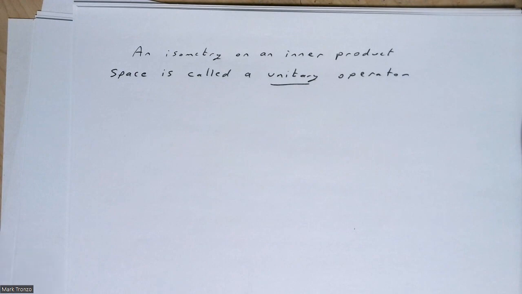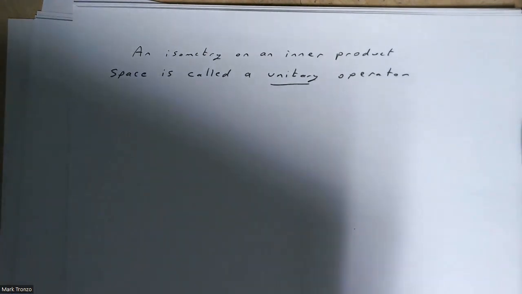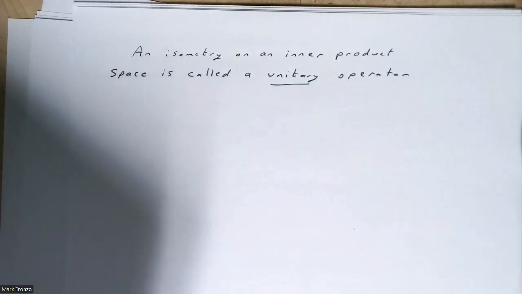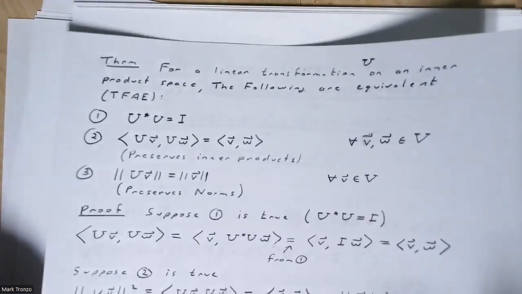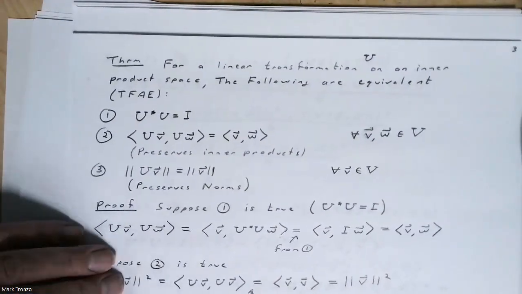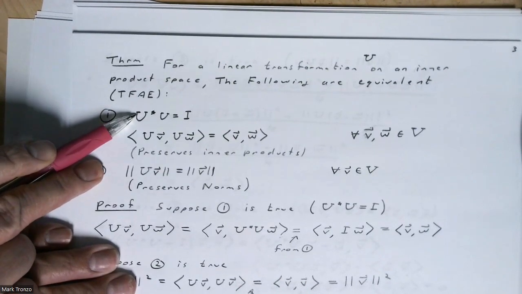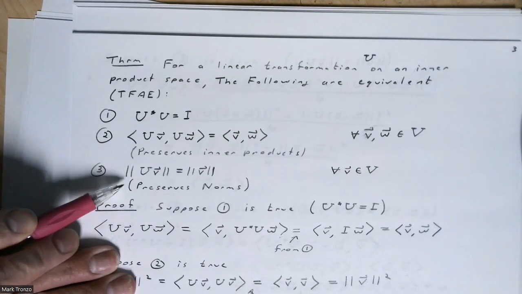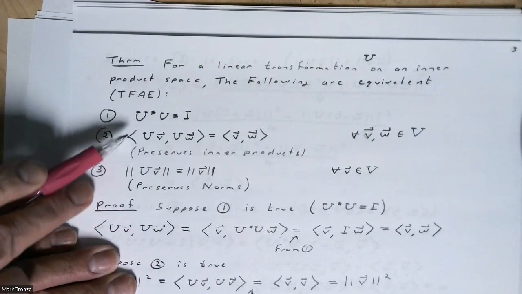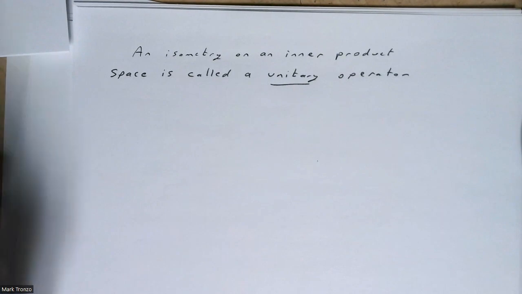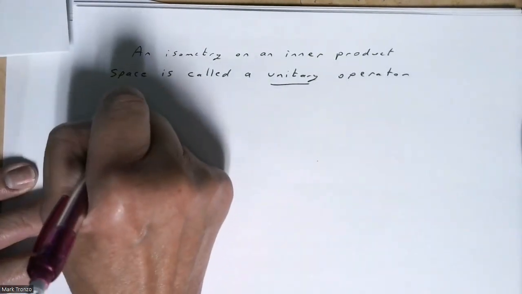You'll see different definitions in different books. But really, when you go back to that theorem that we just did, and that's why everyone usually uses U in that theorem, any operator that obeys any one of these is going to be a unitary operator.